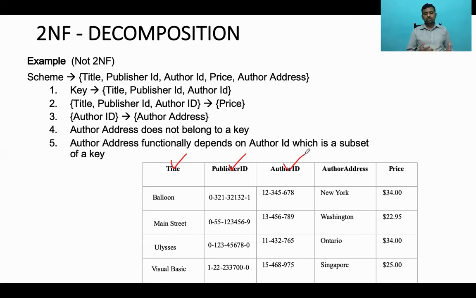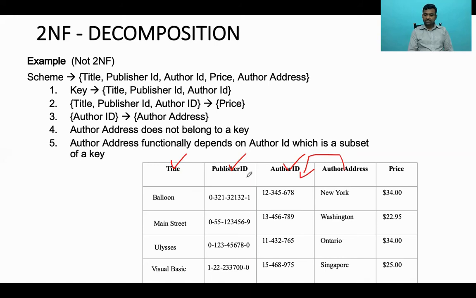Now let us see which things are functionally dependent. If I say price is dependent on author ID, publisher ID, and title, yes, I can say price is dependent on three columns. Who is dependent on author ID? Only the author address, right? Author address is not dependent on publisher ID.